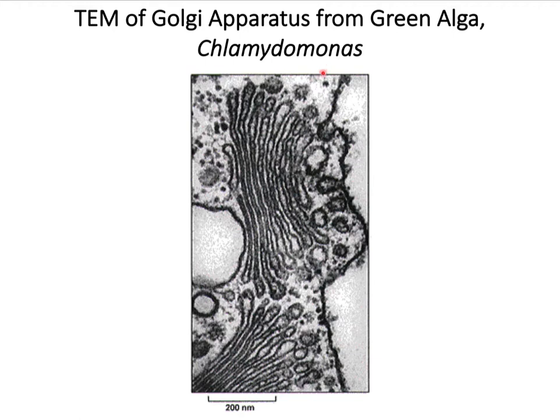You can see very clearly the well-developed flattened stacks right here. And this is the cis face of the Golgi, and this is the trans face of the Golgi. And you can see that these are the vesicles which bud off the cisterna and move on to the next one into different stacks from cis to trans face.